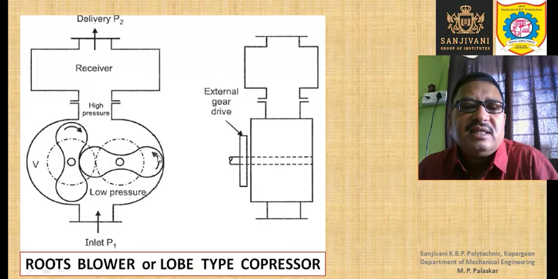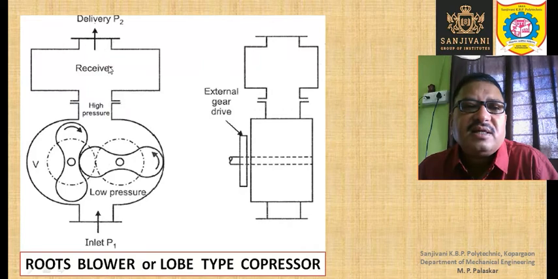You can see that this rotor is rotating in the anti-clockwise direction, this rotor rotates in the clockwise direction, and the air will move in this direction. Air gets trapped here in this space, and this space will move in this direction. This space will also move in this direction, and the air is discharged to the receiver from the exit of the compressor, right?